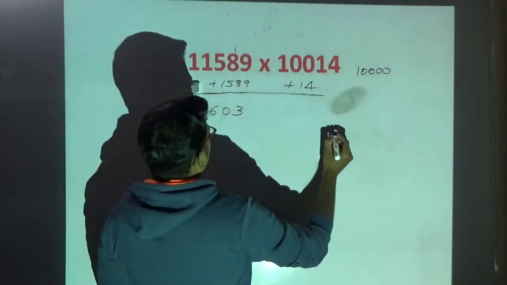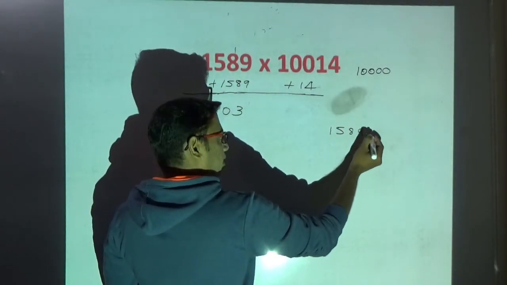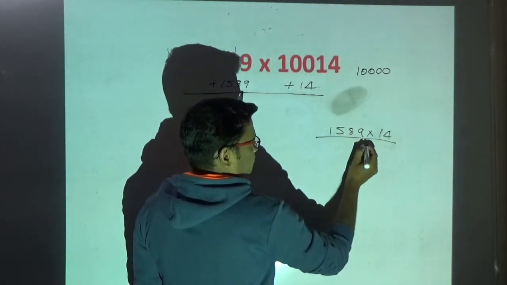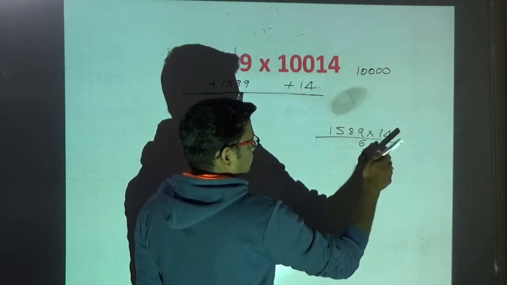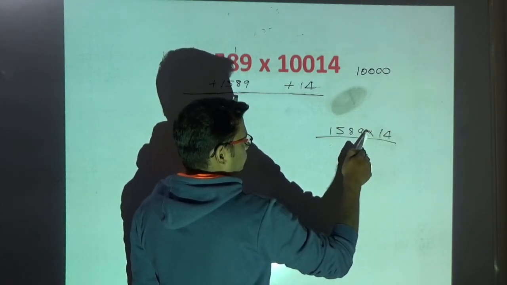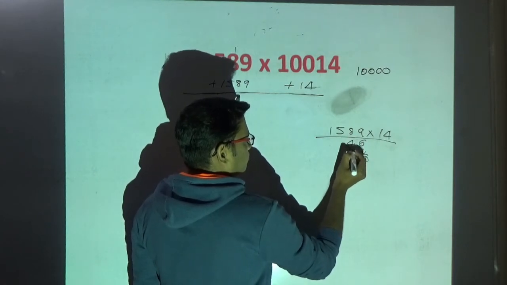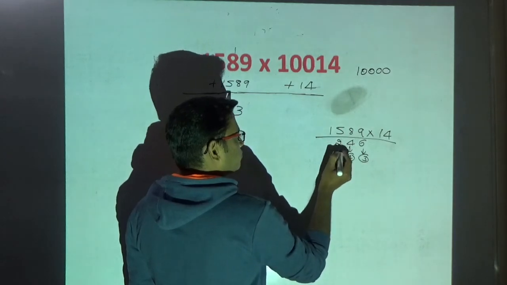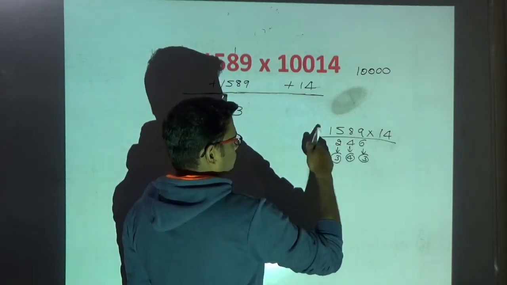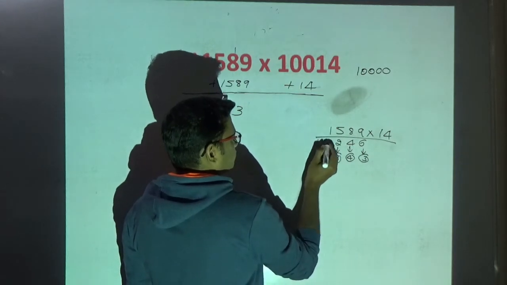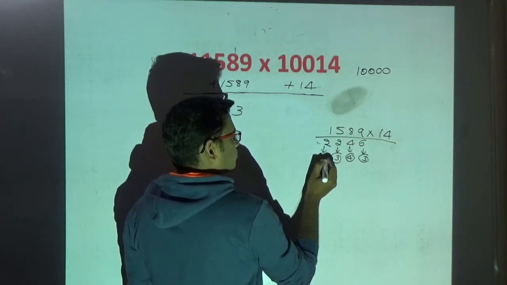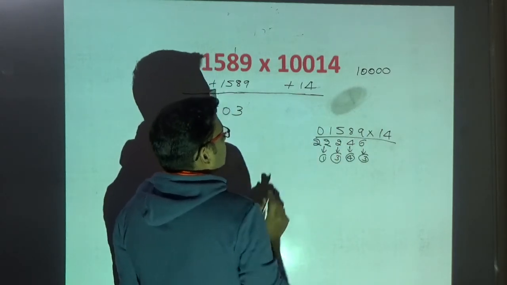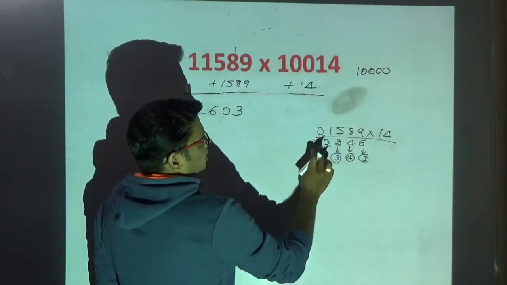Then I need to multiply 1589 and your 14. Using Vedic mathematics, I am going to multiply now. Okay, so the answer, if I multiply this, will be 22246.